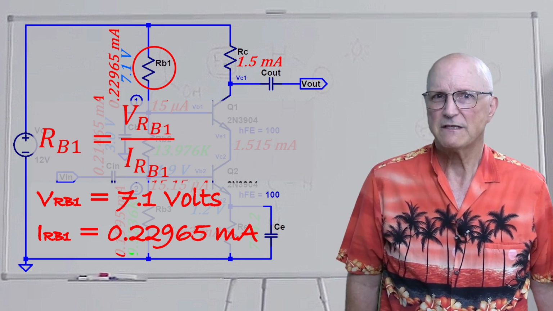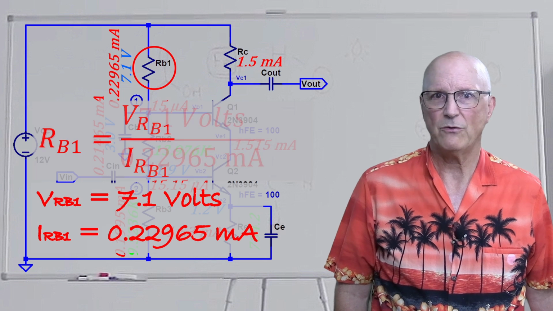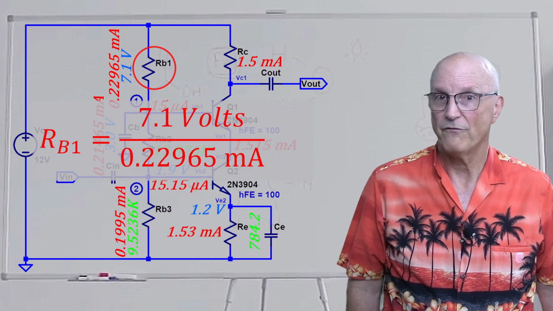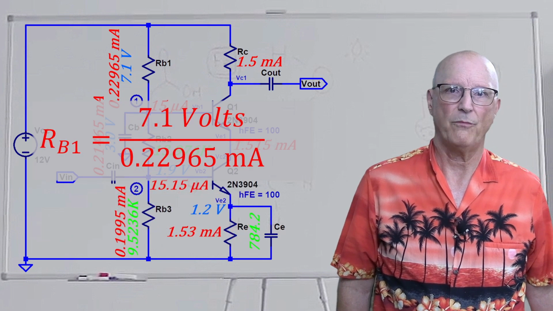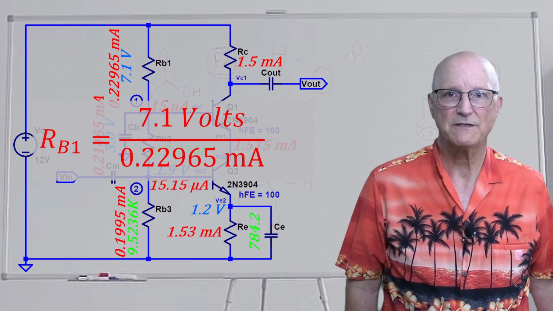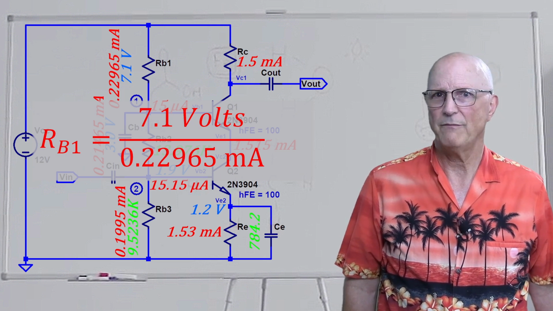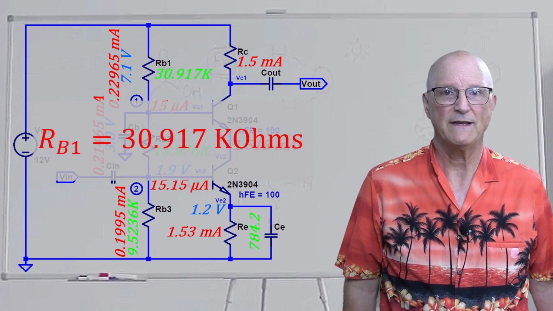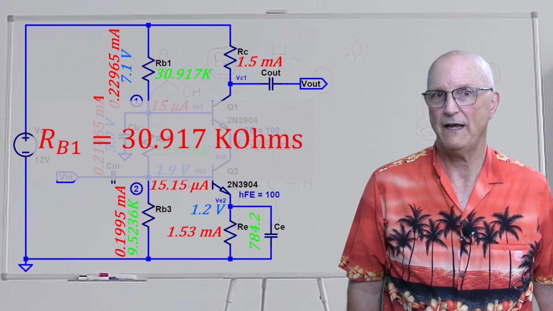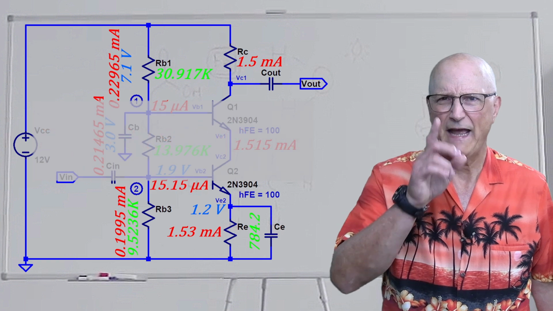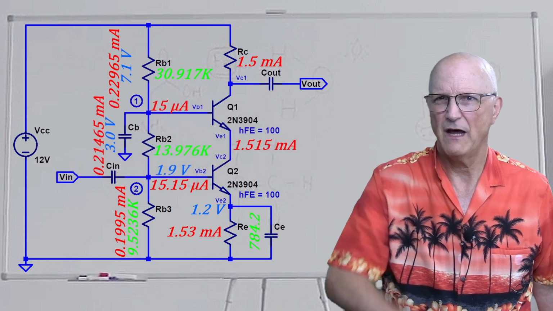So this gives us the value of Rb1 is equal to 7.1 volts divided by 0.22965 milliamps. So Rb1 is equal to 30.917 k ohms.